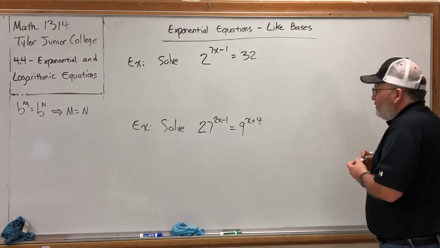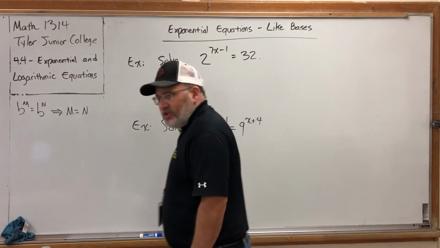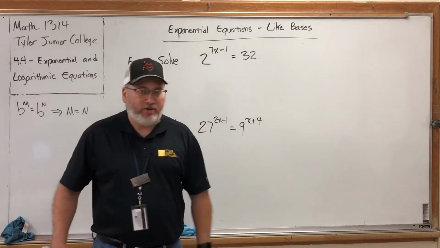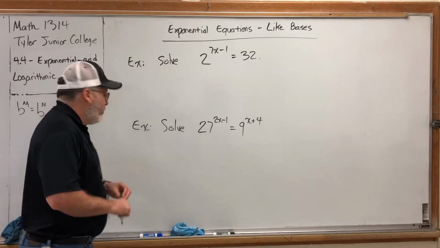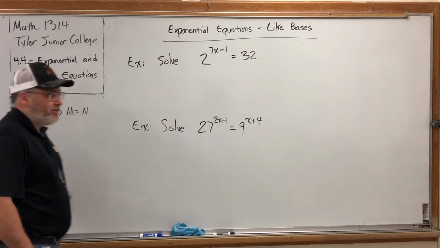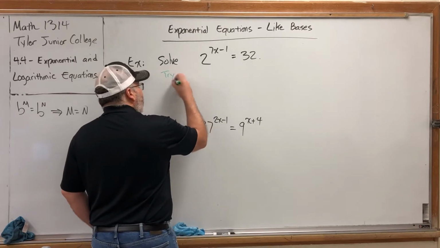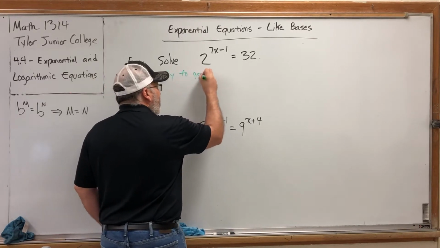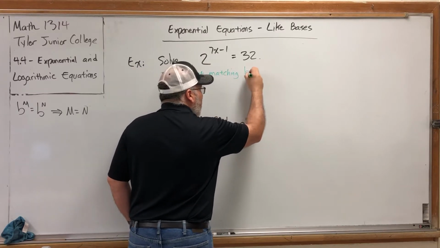Let's look at the first one. 2 to the 7x minus 1 equals 32. The base on the left is currently 2, but the base on the right is currently 32, meaning that the bases don't match. Our strategy requires that we have matching bases, so our first move is to try to get matching bases.